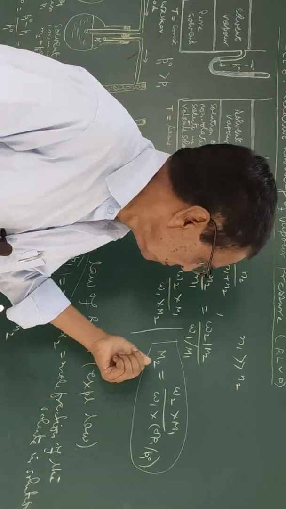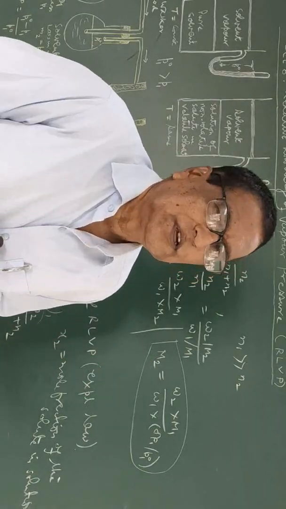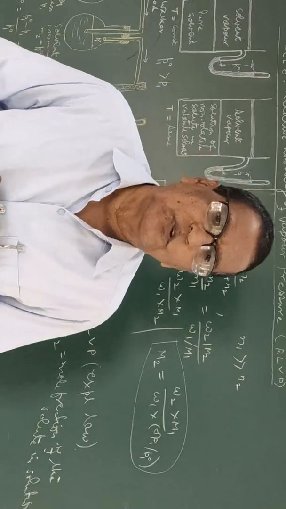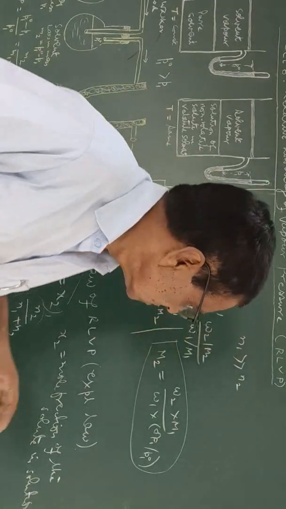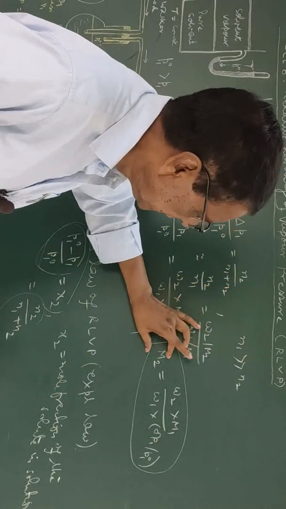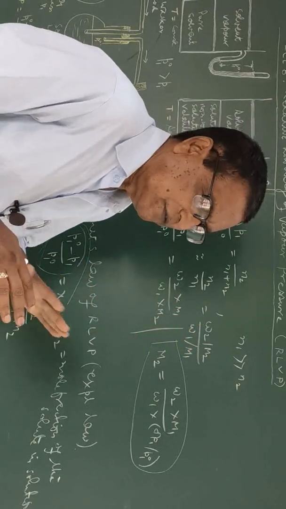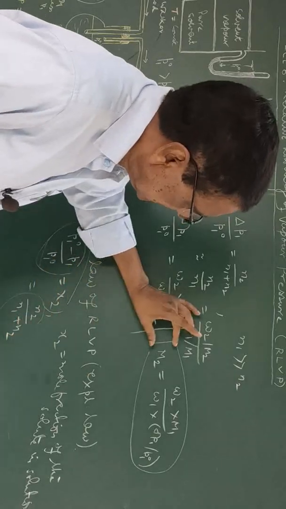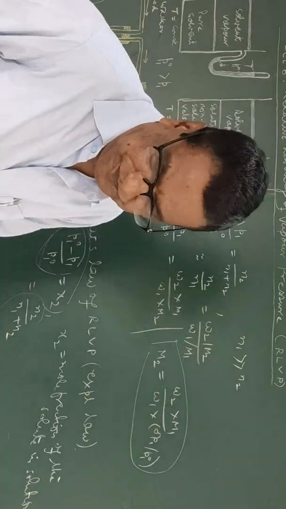Unless we know the molar mass, we cannot find the molecular formula of that substance. So this is a very important application of the colligative property of relative lowering of vapour pressure. This is the formula.